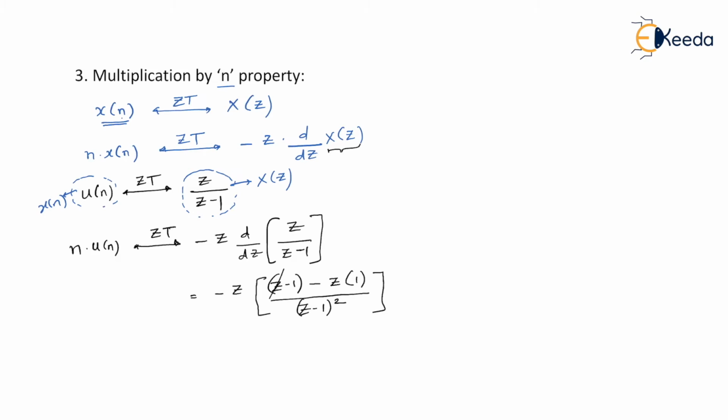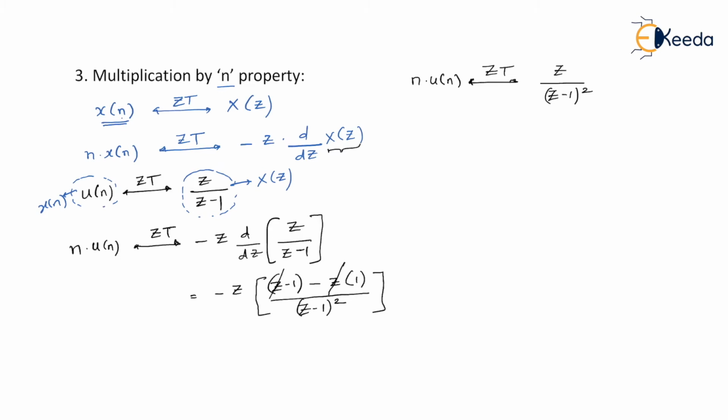Here z and minus z get cancelled, and negative negative becomes positive. So you will have the Z transform of n times u of n as z upon z minus 1 whole square.